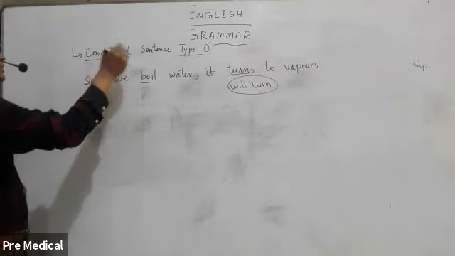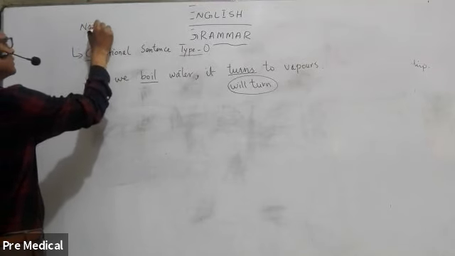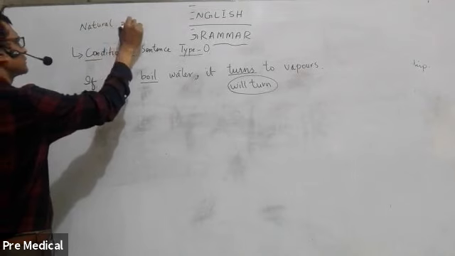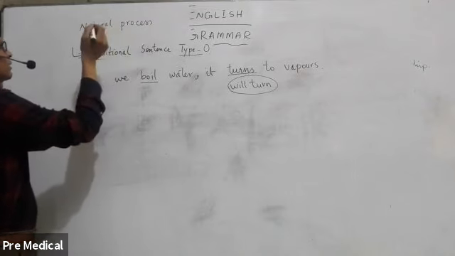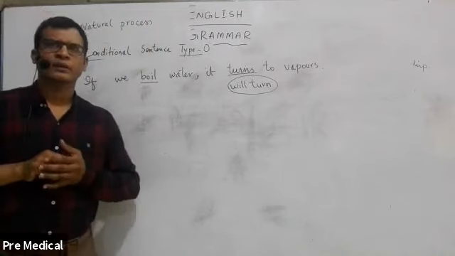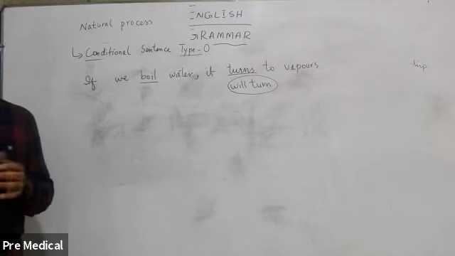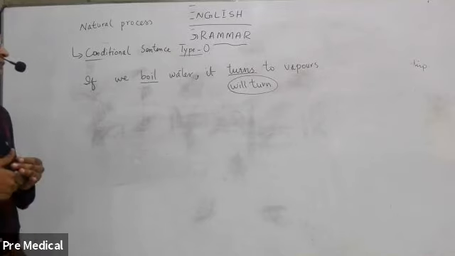So with conditional sentence type 0, these are natural processes or natural phenomena, you can say, which are always true, which cannot be avoided.